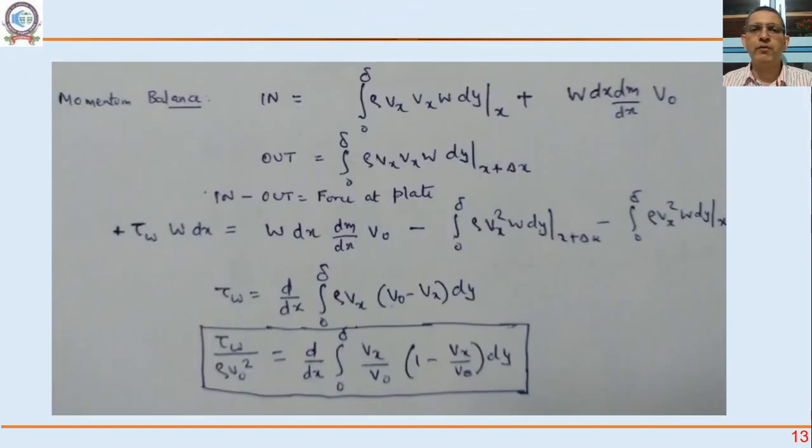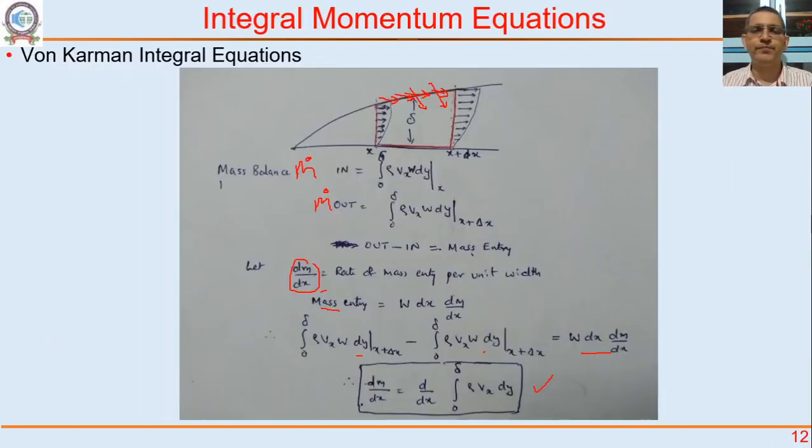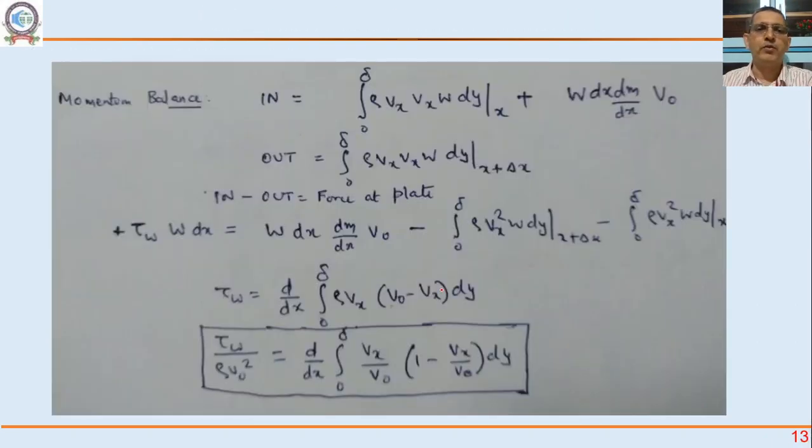Now on this control volume, can we write a momentum balance as well? What comes in? Momentum per unit volume is rho Vx. The rate at which it enters, Vx W dy, where W dy is the area perpendicular to Vx, integral from 0 to delta, evaluated at x.